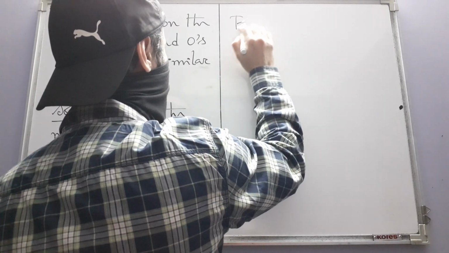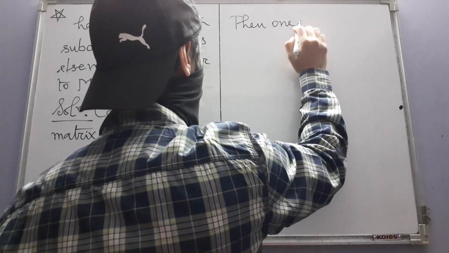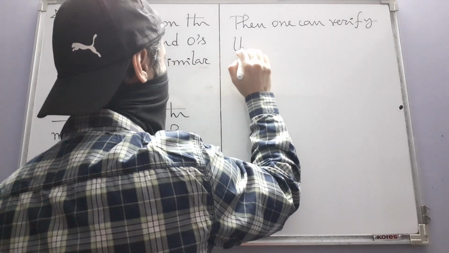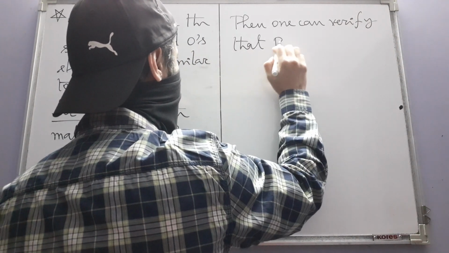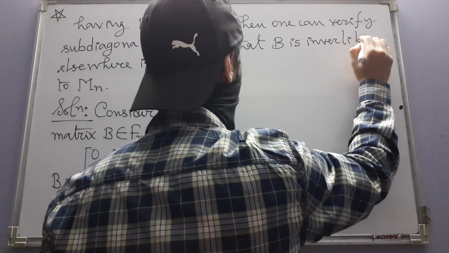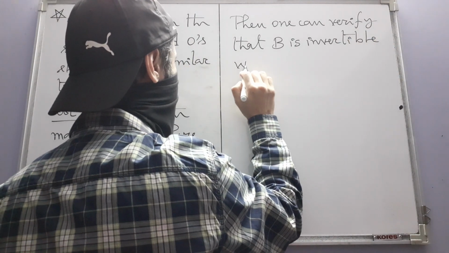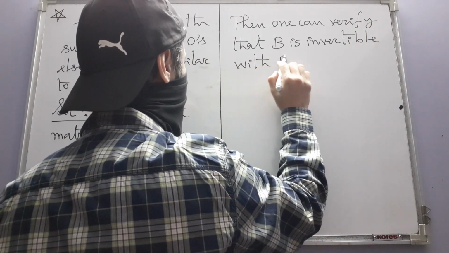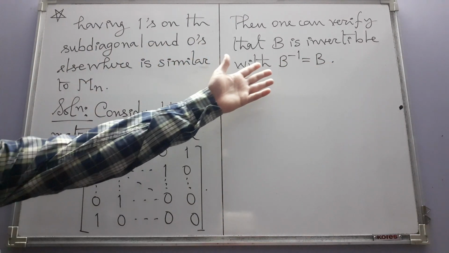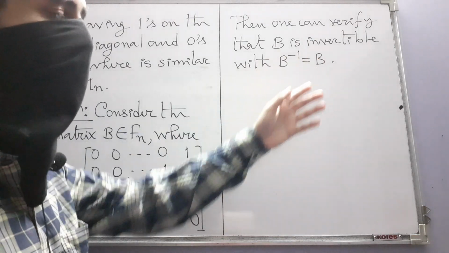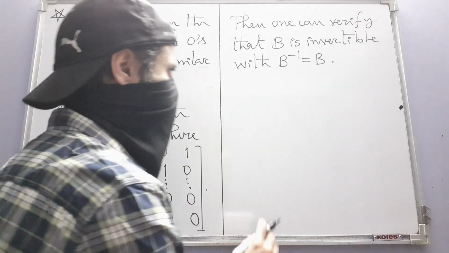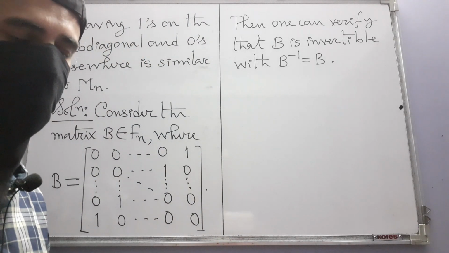One can verify that B is invertible with B inverse equal to B itself. What do you have to do to verify this? You just show that the square of B is the n by n identity matrix. That's it. Which in fact is an easy thing to do.